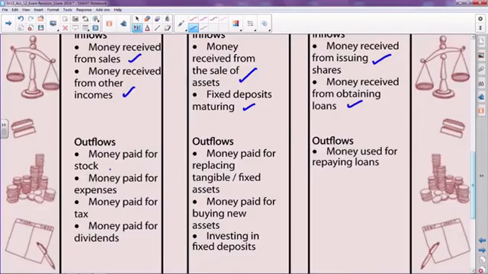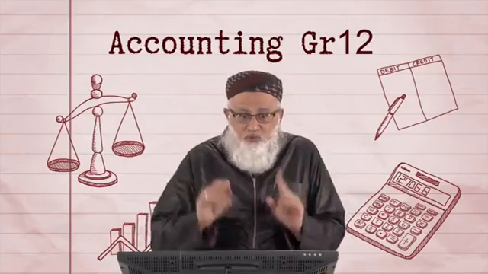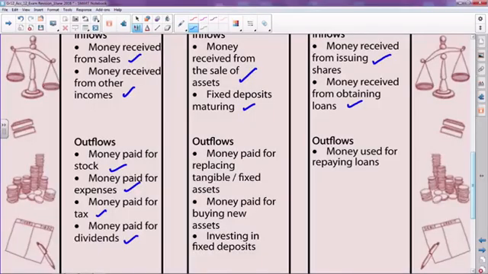Money paid for stock, obviously when you pay your expenses, very important when taxation is paid, and certainly when you pay your dividends. So all of these would impact on the bank in a negative way, meaning an outflow of funds. And yes, important, in cash flow, no bracket, no mark. That means you show your outflows in a bracket to indicate an outflow of funds.